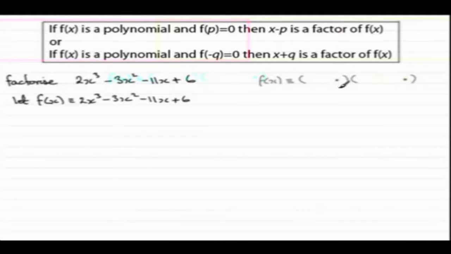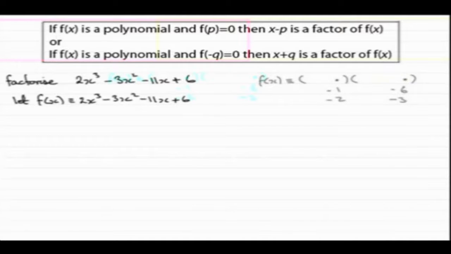Well, if they're to be integers, then it could be a 1 and a 6, it could be a 2 and a 3, and don't forget it could be minuses as well. So we've got quite a combination of numbers that we could choose. It'd be silly really to choose something like a 5. 5 times something else giving 6, well, it's got to be 6/5, but I wouldn't really encourage that. I would stick with the integers, like we have here.